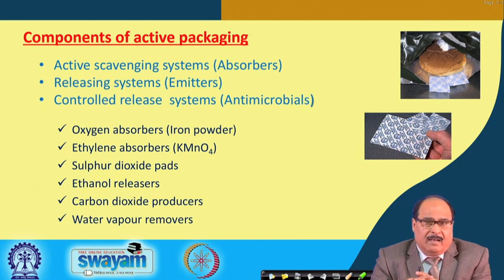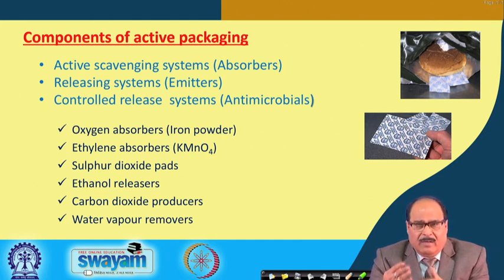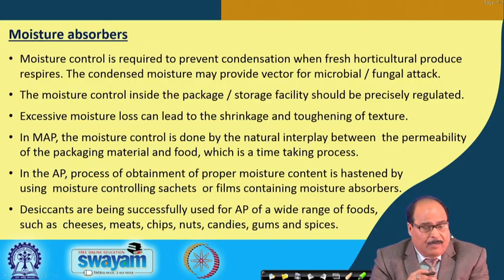Towards the last of this lecture, I will take some examples and tell you how to calculate the required amount of emitters or absorbers for the desired functions. Before that, let us elaborate briefly on the different absorbers.